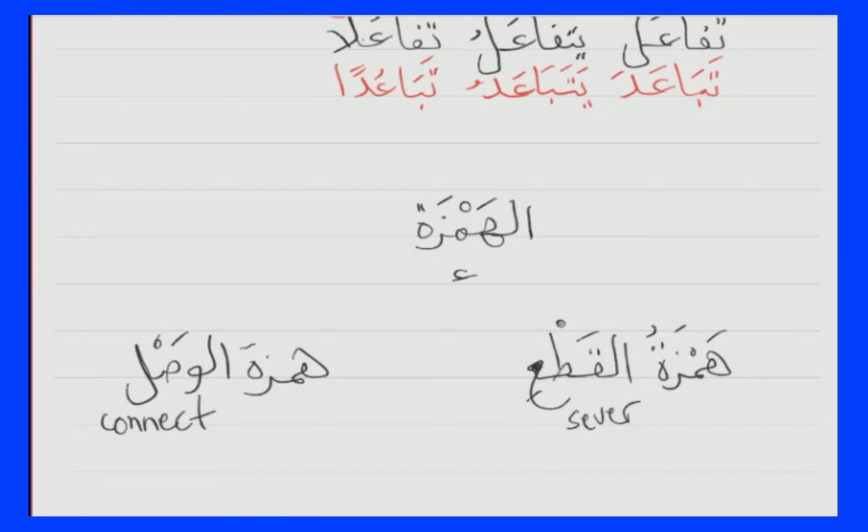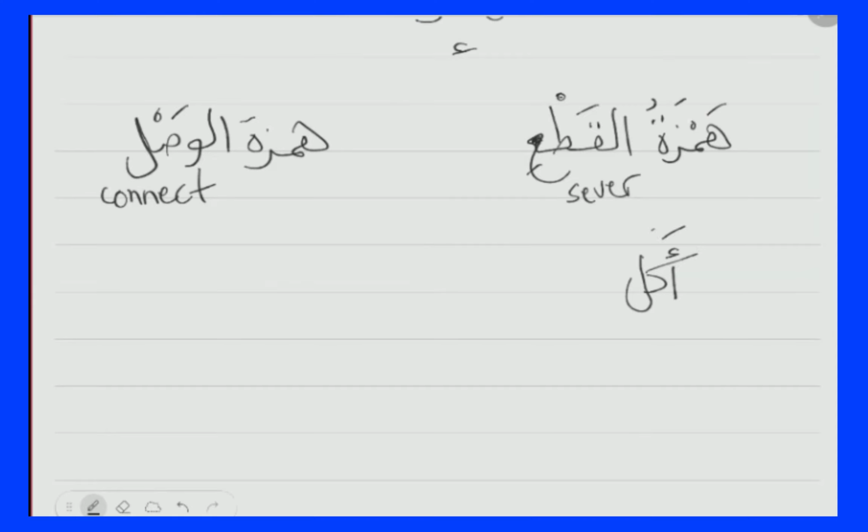It can fall in the beginning, middle, or end of the word, and you always pronounce it. For example, akala, you pronounce that hamza, even if there was something in front of it, like huwa akala, he ate. Or in the middle, like yakulu. Inshallah, my kaf is not confusing you with that alif. Yakulu. So I pronounce the hamza. Or at the end, such as qara'a.